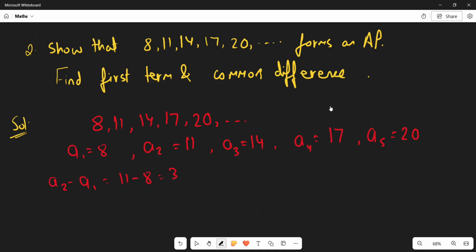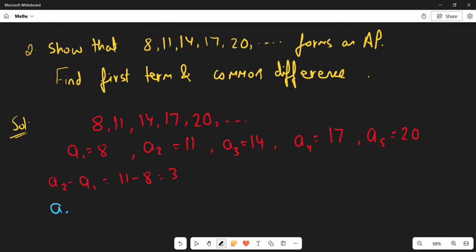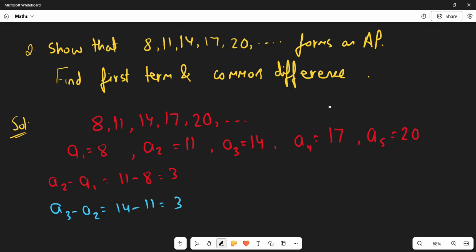Now I will be calculating A3 minus A2. This will give me 14 minus 11, which is again equal to 3. Next, let's calculate A4 minus A3.